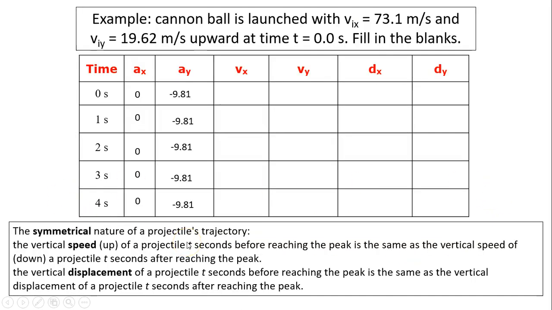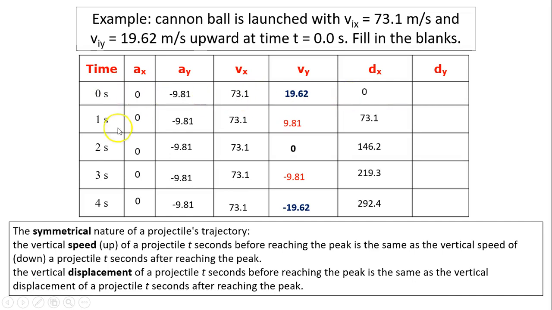Let's fill in these blanks. So here are the examples. Again, we know ax equals 0, ay is negative 9.81. So Vx is a constant. For Vy, we did that already. We change this by negative 9.81 for every single second. dx is Vx times the time.